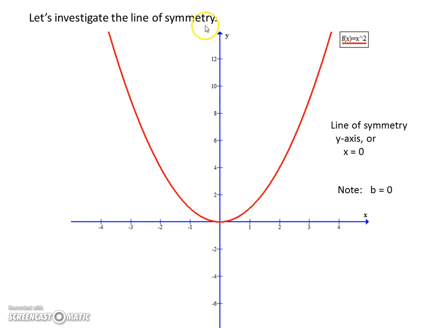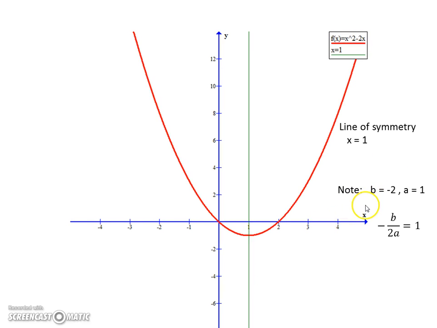Let's have a look at the line of symmetry. So y equals x squared, the line of symmetry is x equals 0. It's the y-axis. Now, just keep this in the back of your mind for a minute. So a equals 1, b equals 0, c equals 0. x squared minus 2x has a line of symmetry at x equals 1.